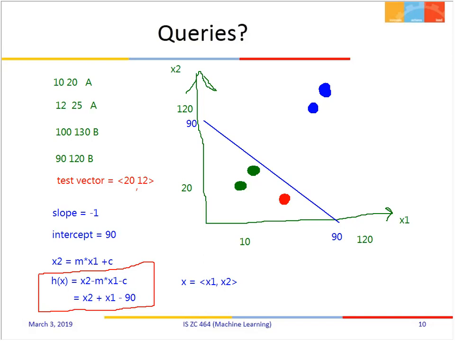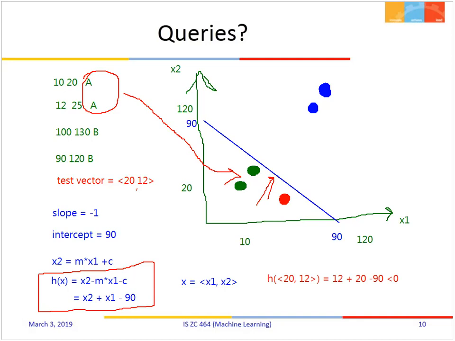Because it is less than 0, you know that it is lying in this class, right? Lying below this line. And if it lies below this line, then our construction of the entire hypothesis suggests that anything below this line belongs to class A. Okay.